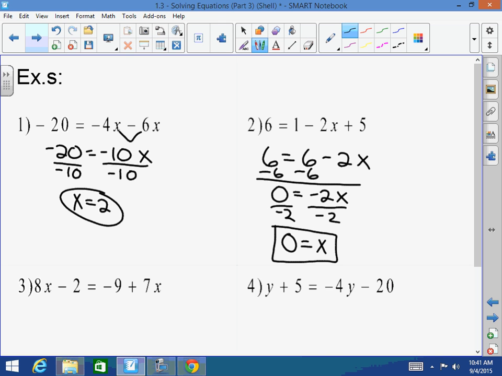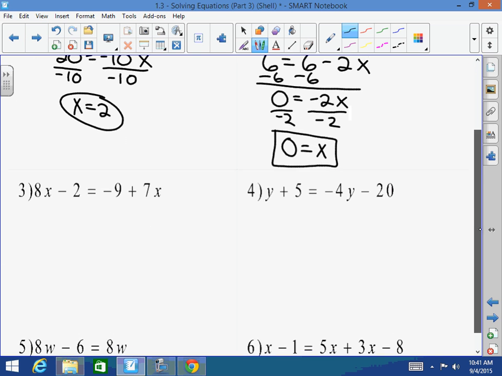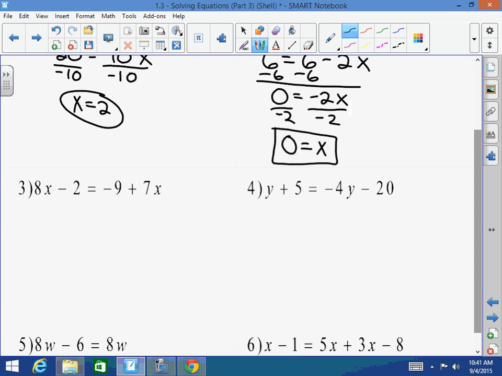Number 3. Again, I do not have any distributive property to complete. I don't have like terms on both sides to add together. But my next step is to combine all variables on one side. So my question to you is, who do you want to move to where? Yes, sir. 7x.